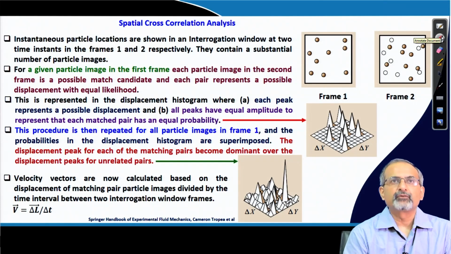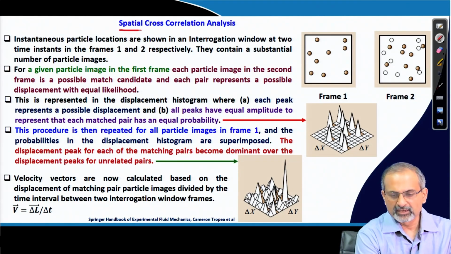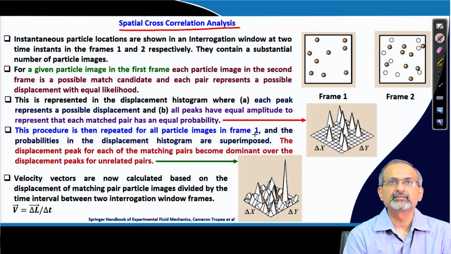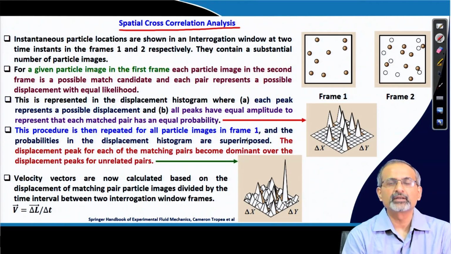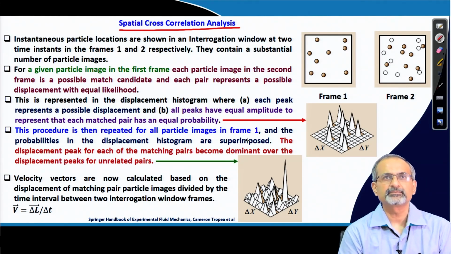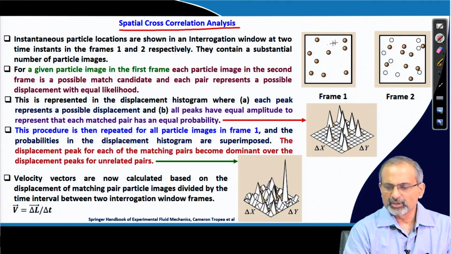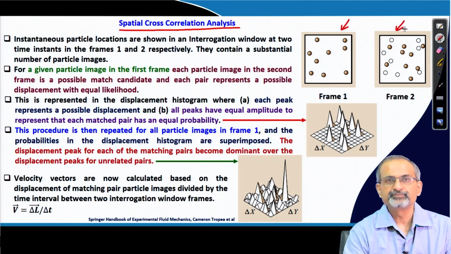We try to take it forward and apply the spatial cross correlation analysis, which is basically the tool used to finally give you the velocity vector information. We are looking at two frames essentially.